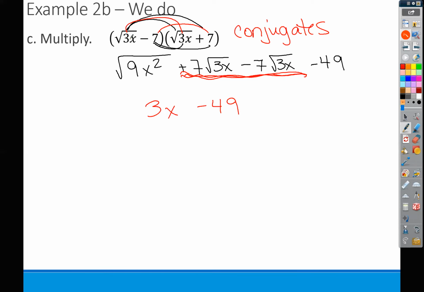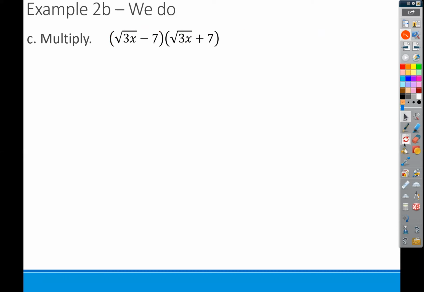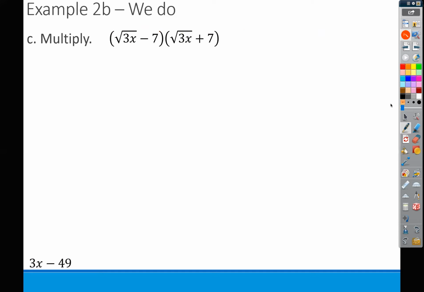Also, another thing that I want you to see is when I have the square root of 3x times the square root of 3x, I just get 3x because that would be 9x squared, which simplifies to 3x. So when you're multiplying radicals with the same radicand, basically it cancels each other and you just keep the radicand.